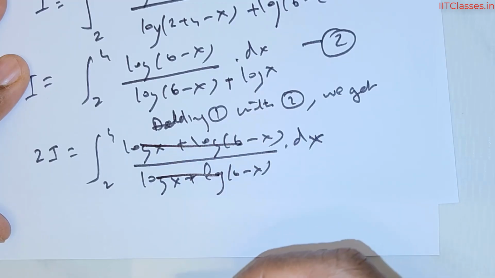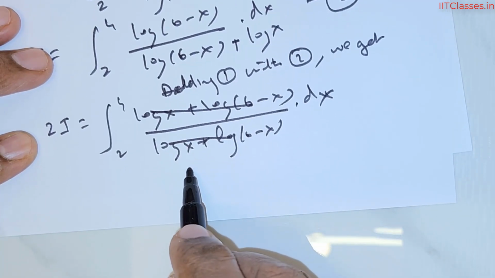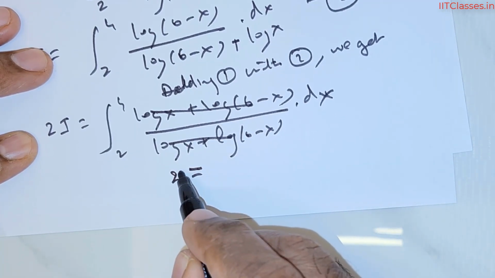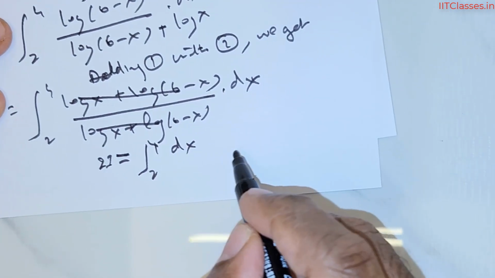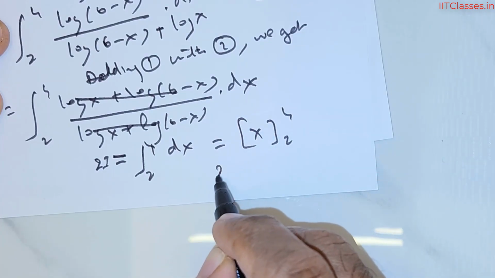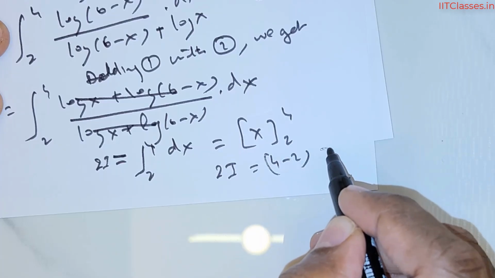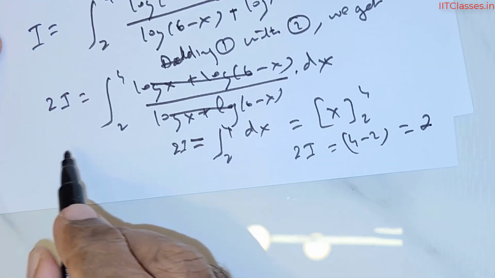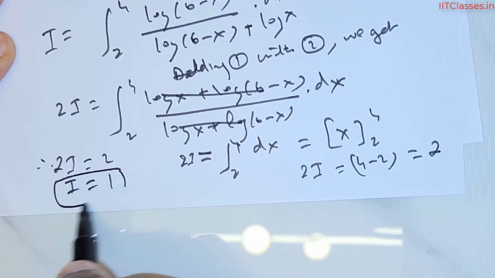So they get cancelled, and this gives me 2 times I is the integral from 2 to 4 of dx. I integrate dx, I get x, with limits 2 to 4. So 2I is equal to 4 − 2, which is 2. Therefore 2 times I is equal to 2, so I is equal to 1.